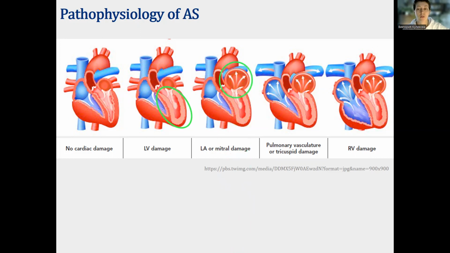So we face left atrium enlargement and atrial fibrillation. Then the damage in the left atrium leads to raised pressure in pulmonary veins and capillaries and pulmonary congestion. It results in pulmonary hypertension and tricuspid valve damage, which finally leads to right ventricle dysfunction and enlargement.